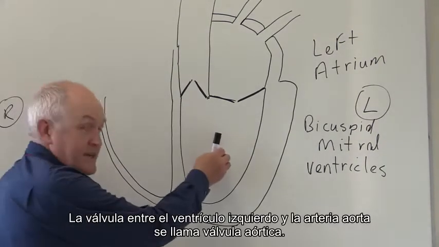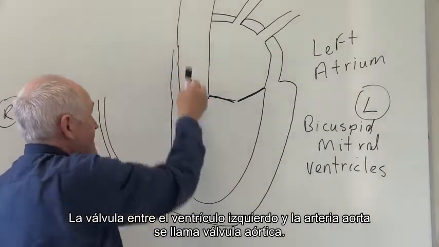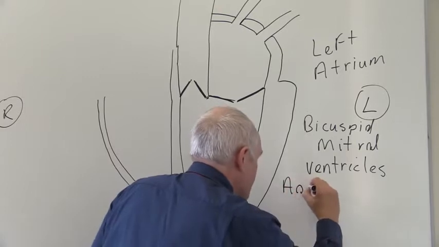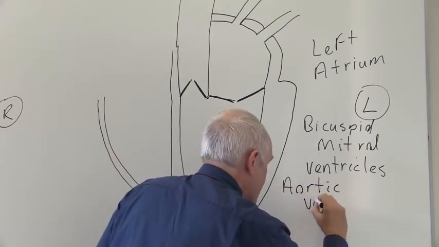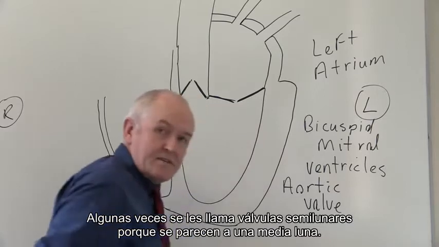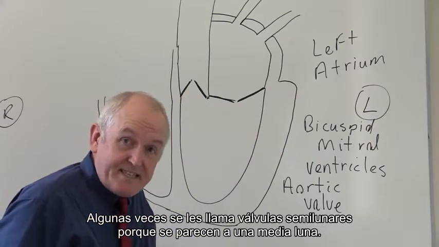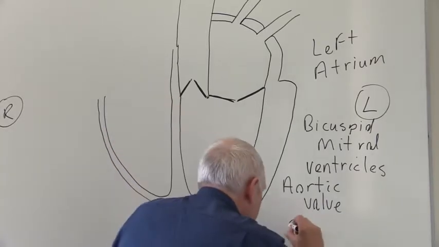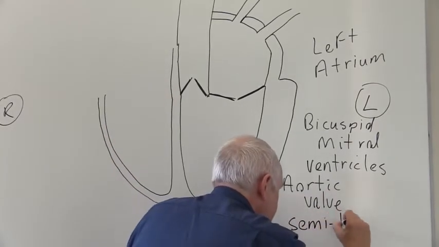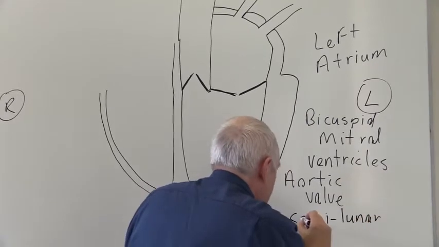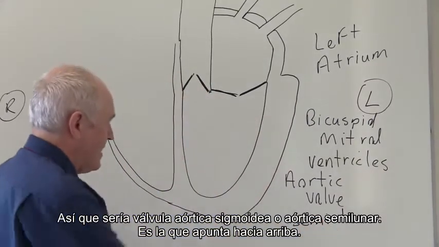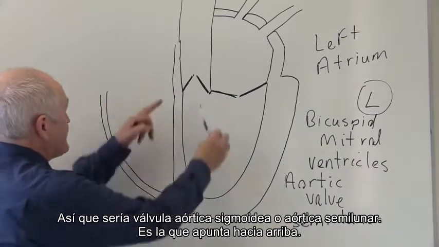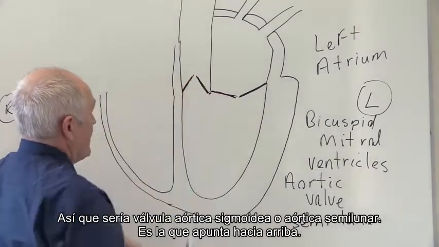The valve between the left ventricle and the aorta, that is the aortic valve. And sometimes these are referred to as the semilunar valves because they look a bit like half a moon. So the aortic arterial valve or the aortic semilunar valve, that's that one pointing up the way.